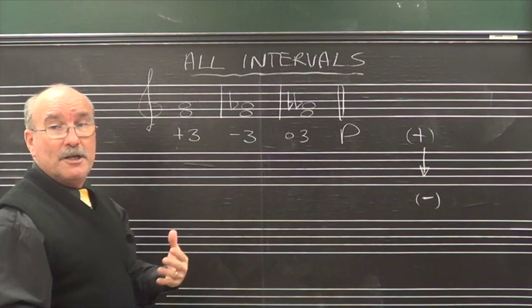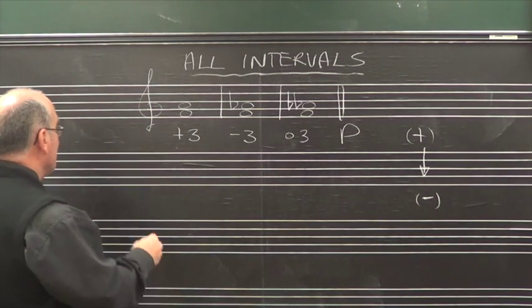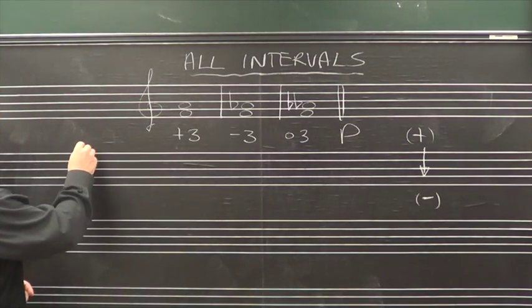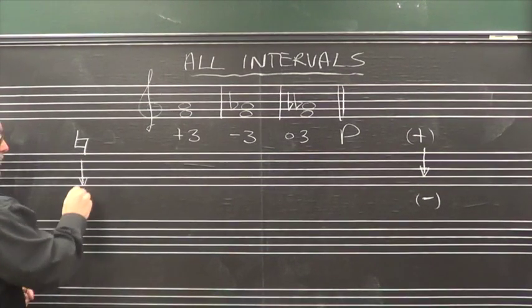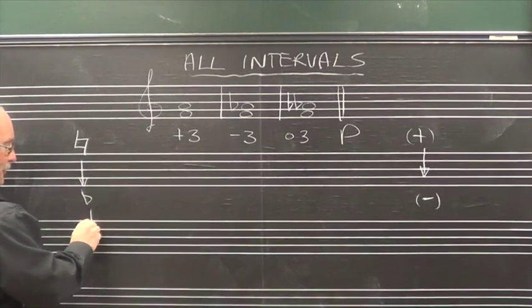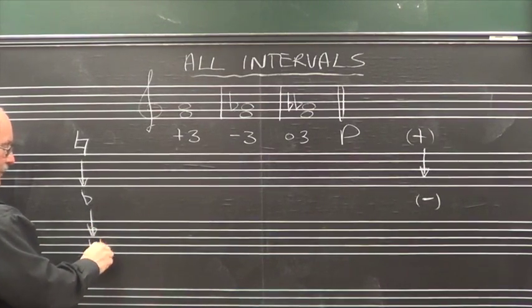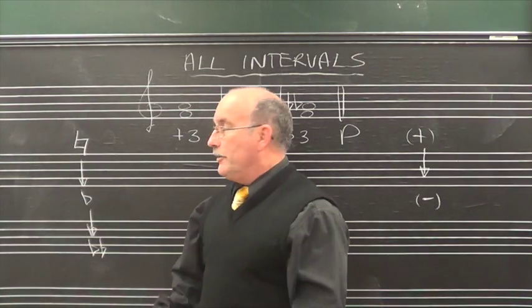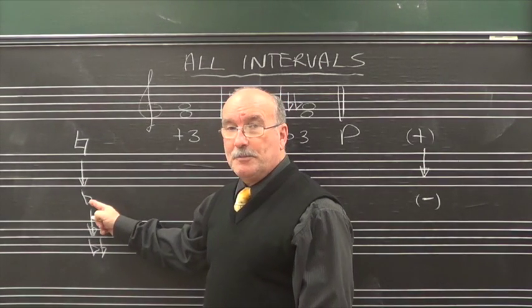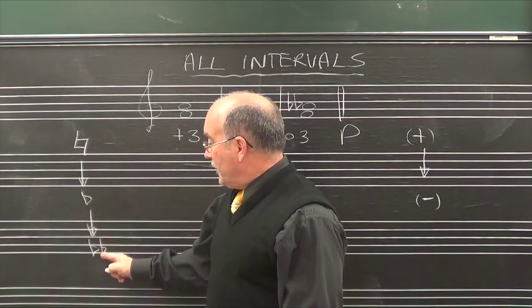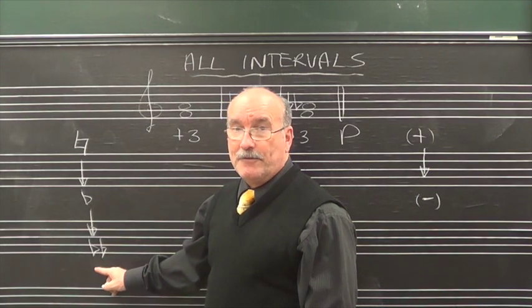So now we need to make sure that we understand what we're doing from an accidental standpoint. If it's a natural note and you lower it one semitone, it becomes flat. If you lower it again, it becomes double flat.